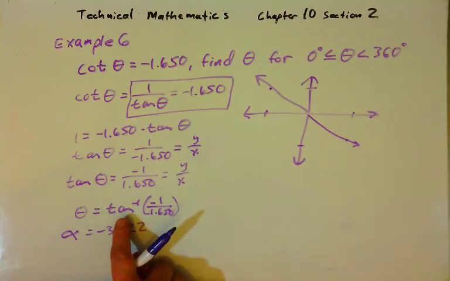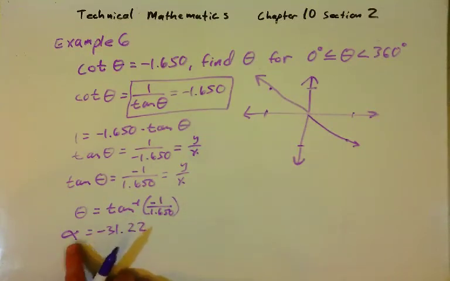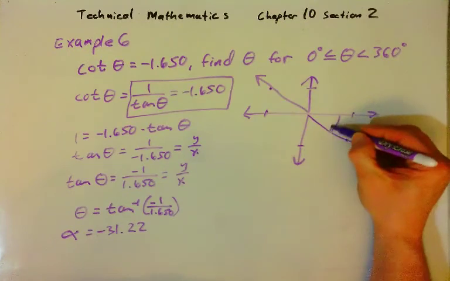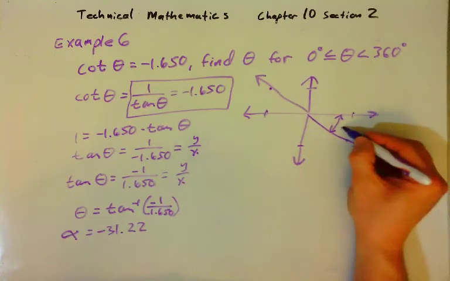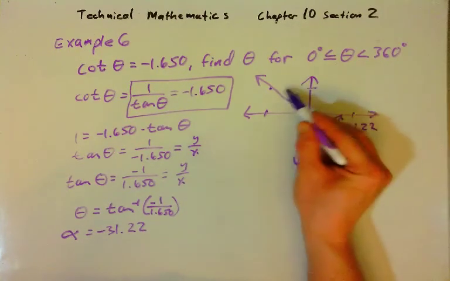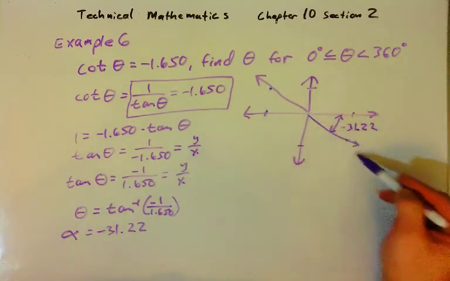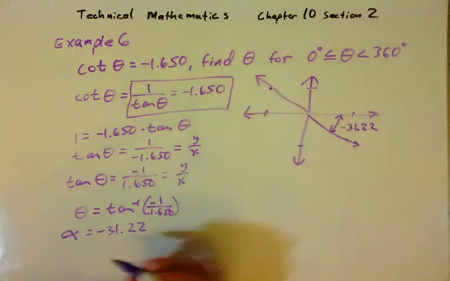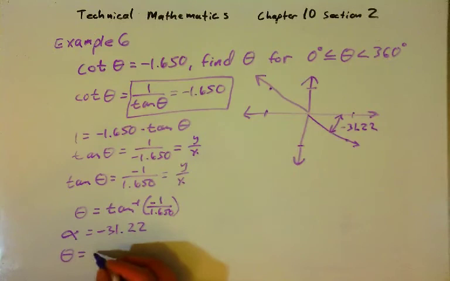So remember, anytime we use the inverse trig functions on our calculator it is telling us alpha. So negative 31.22, that is one of the reference angles. And you can see that if we add 180 degrees, these lines form a straight line, so they're 180 degrees away from each other. If we add 180, that will give us theta.